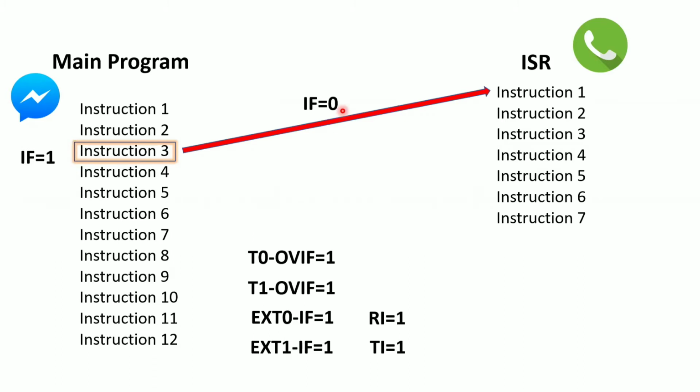The phone is reminding you that the other person wants to talk to you. After seeing that notification, you will service that person and call them back, right? Yes or no?